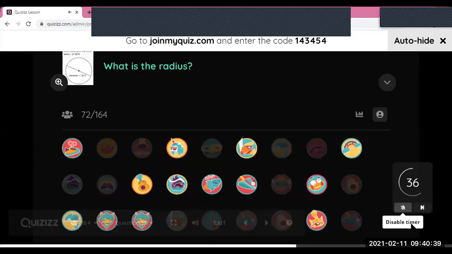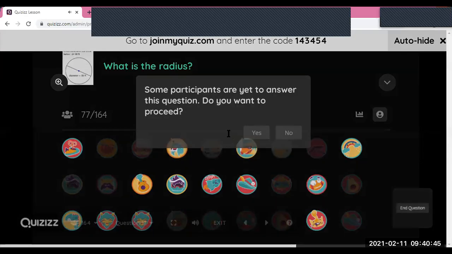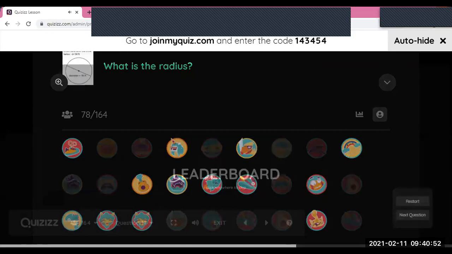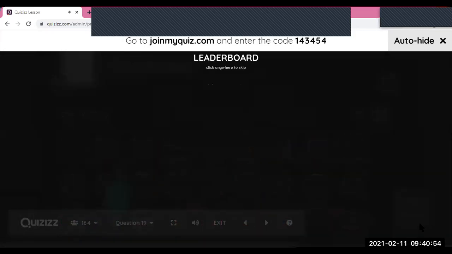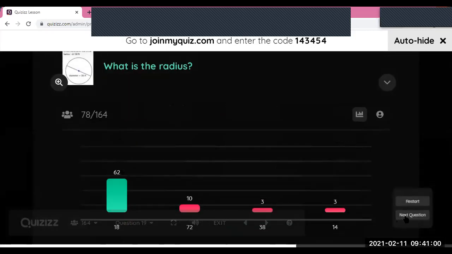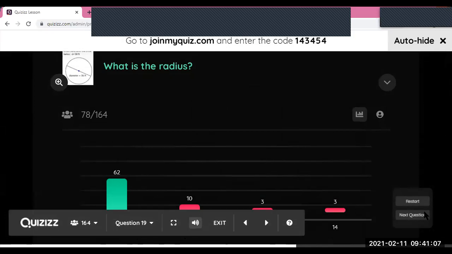I'm going to quickly end this. 62 of you got it right. So what is the radius? The radius is half of the diameter. In this case, it is 18.